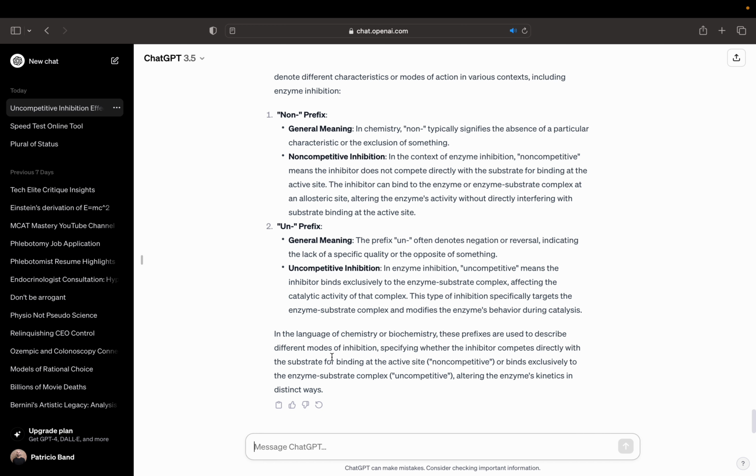Inhibitor competes directly with the substrate for binding at the active site: competitive. Non-competitive. Binds exclusively to the enzyme substrate complex: uncompetitive, altering the enzyme's kinetics in distinct ways.